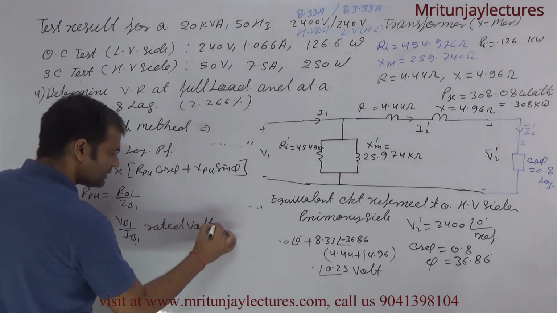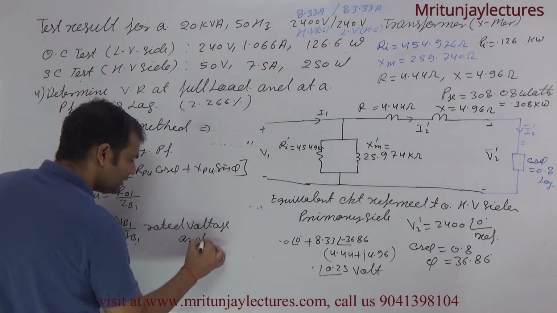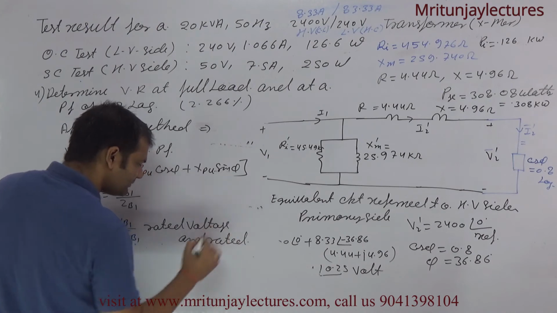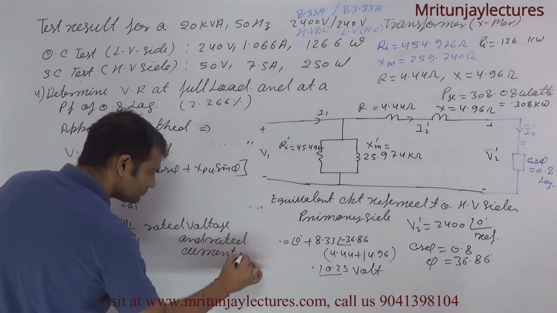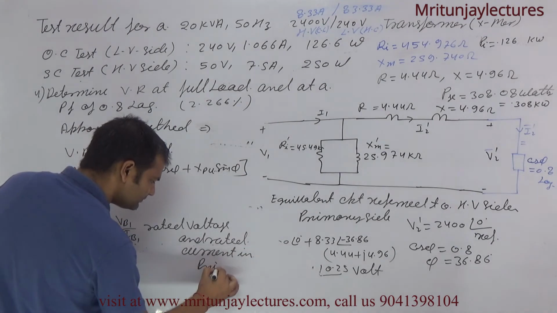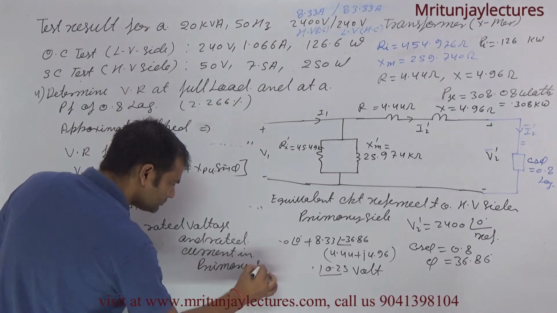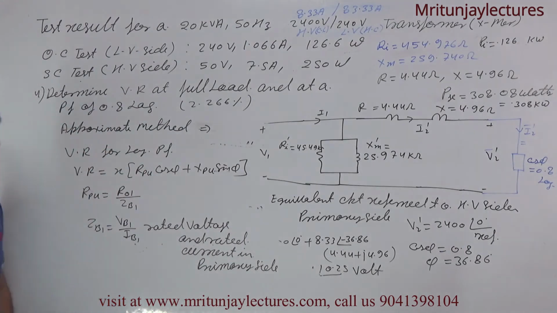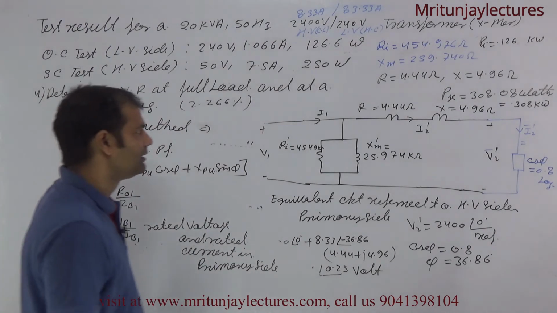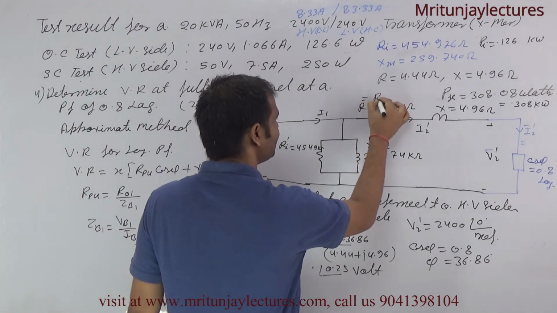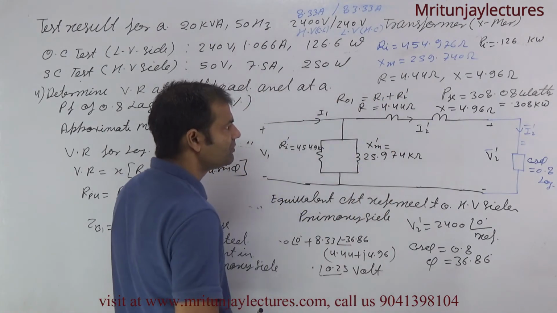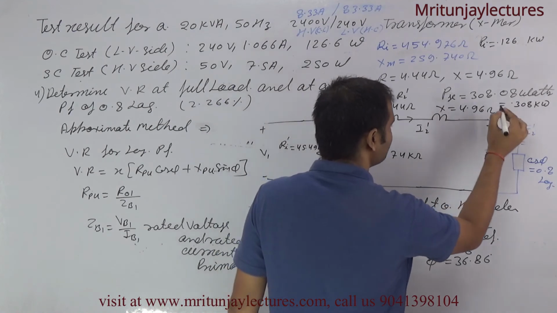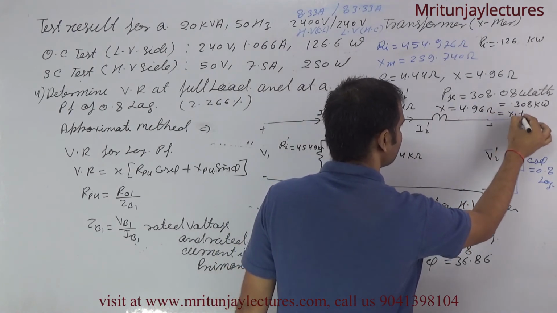Rated voltage and rated current on the primary side. R01 is R1 plus R2 dash, and X01 is X1 plus X2 dash.